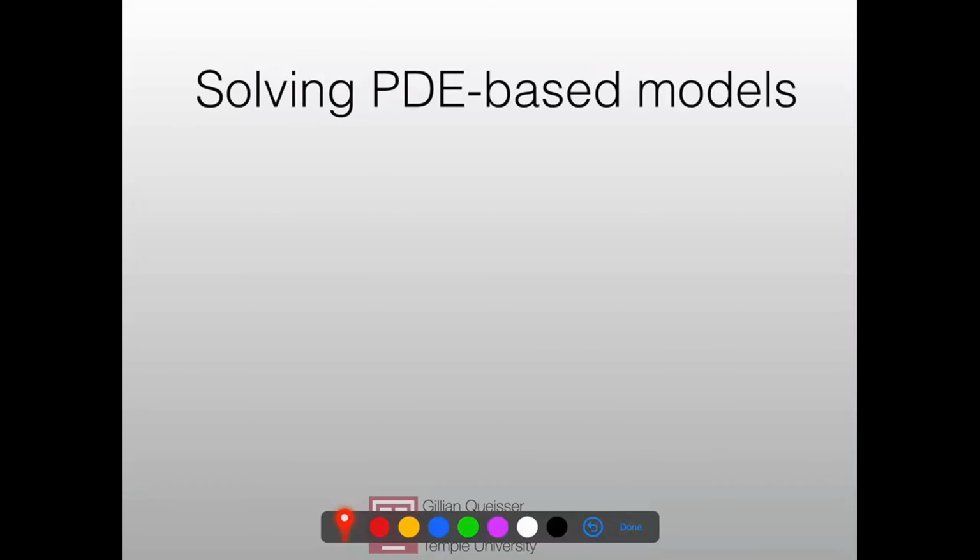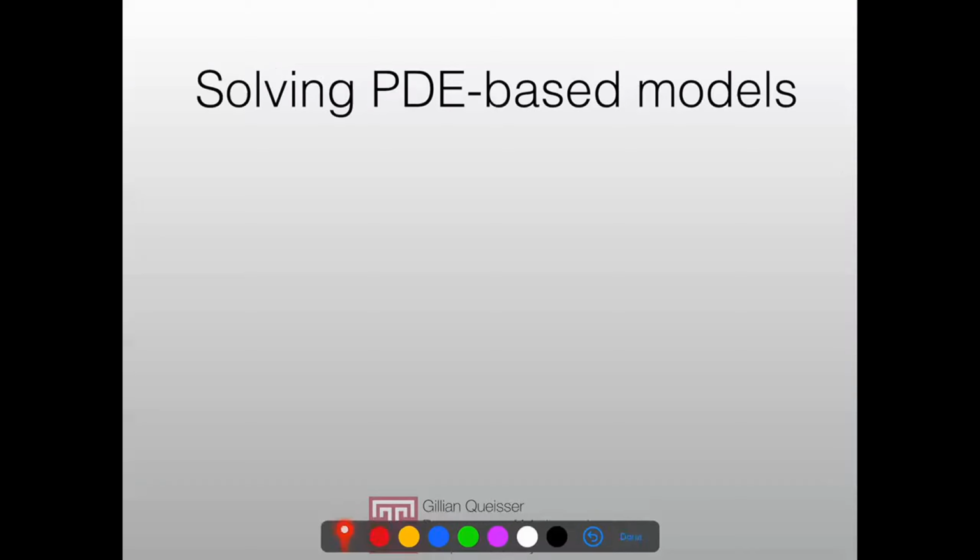Now, all of this requires solving PDE-based models. In the previous talk, there was a focus on stochastic differential equations. Here we're dealing with deterministic models, so everything is described by partial differential equations.